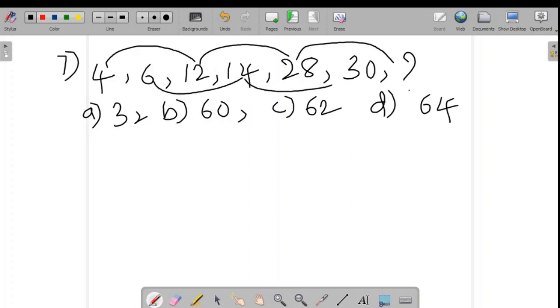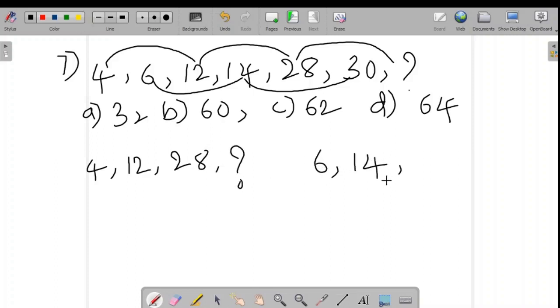This sequence has two subsequences: 4, 12, 28 and the question mark. The other sequence is 6, 14, 30, and the question mark.